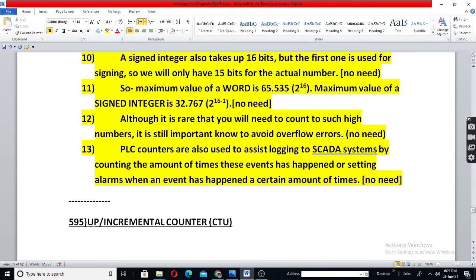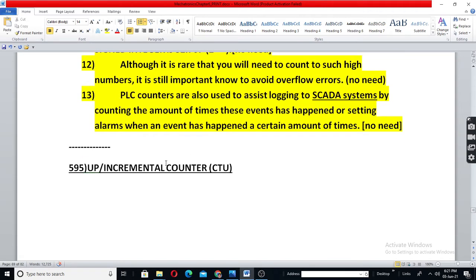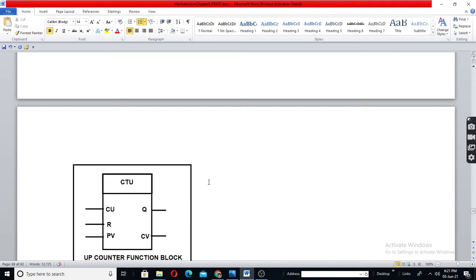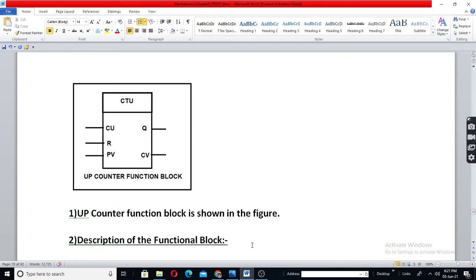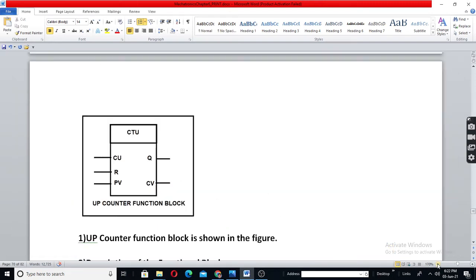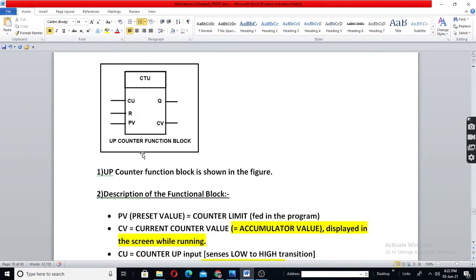Now say up counter or incremental counter. This is the block. It has two inputs, counter up input and reset input. You have to program a preset value, meaning the number of pulses to be counted or number of events to be counted.